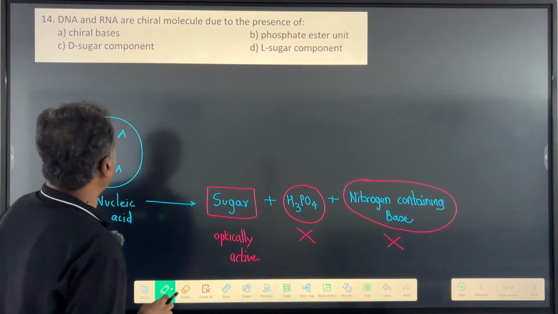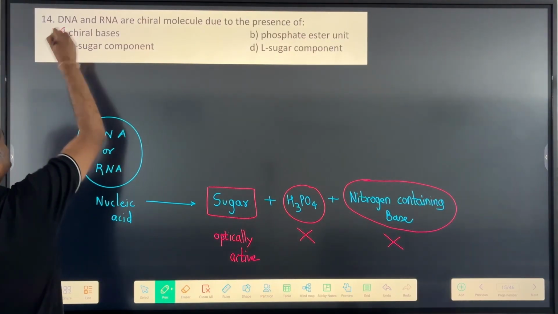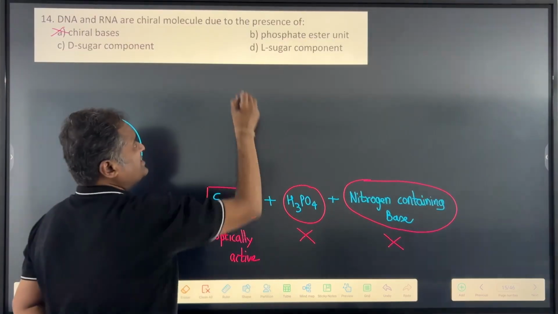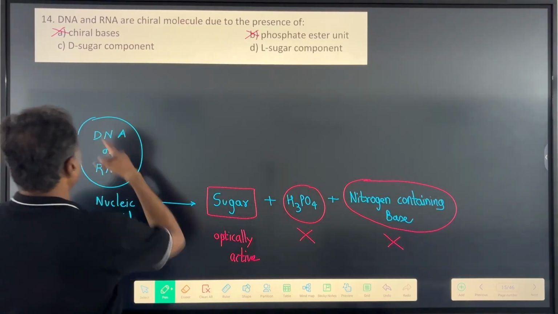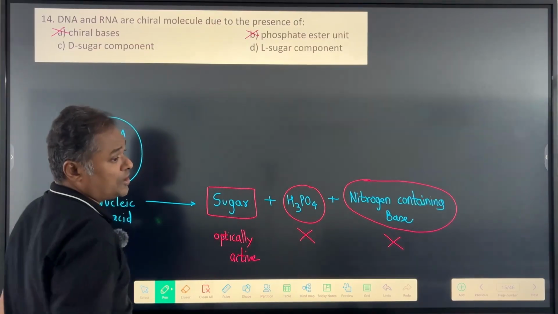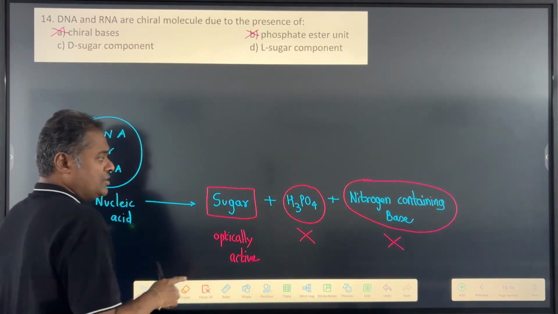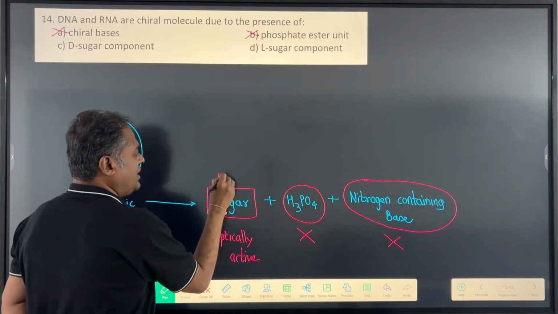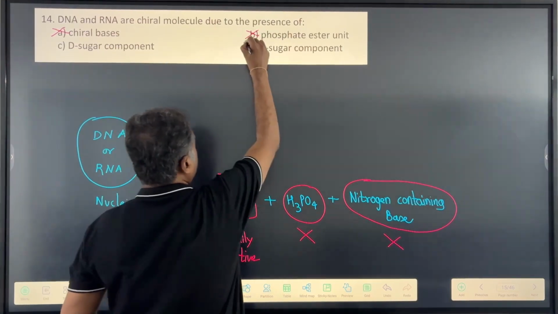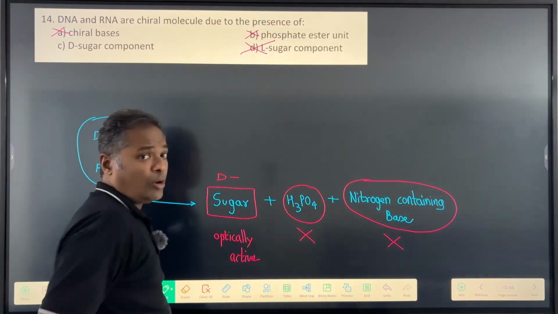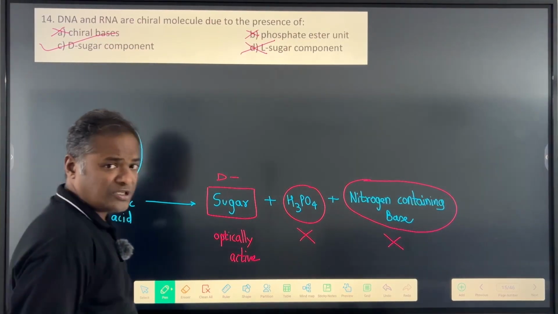So, the options we have: chiral bases cannot be the answer. Even a phosphate ester linkage is not the answer. The only correct answer is 2, where you can see D sugar and L sugar. Now, one more important piece of information, child: in nucleic acid, the sugar we have is always a D sugar, not an L sugar. So, even this option is incorrect. So, the correct option for our MCQ is C. Hope this is clear, child.